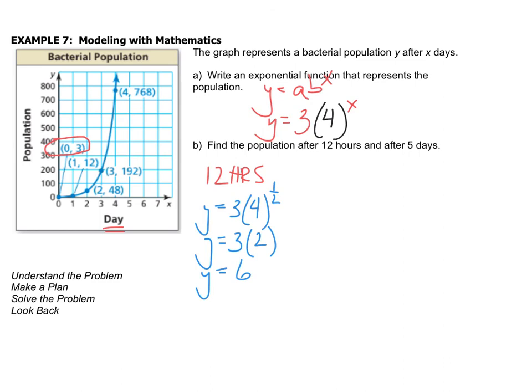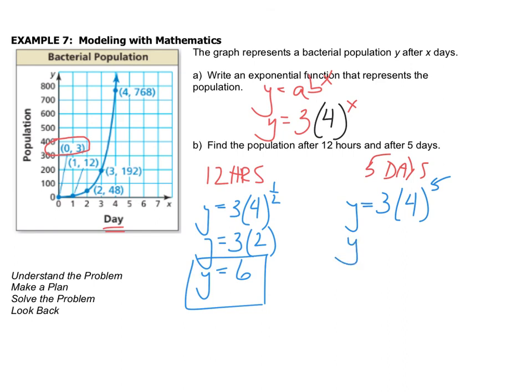So that would represent the population of the bacteria after 12 hours. Then we also wanted to know 5 days. Well, the x's do represent days, so in this case, we're now going to plug in the x as a 5.